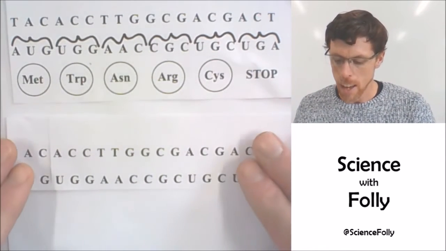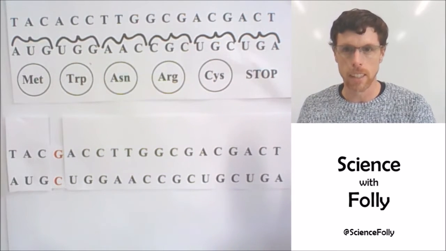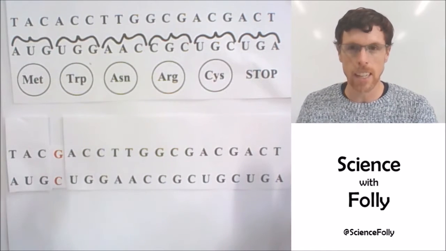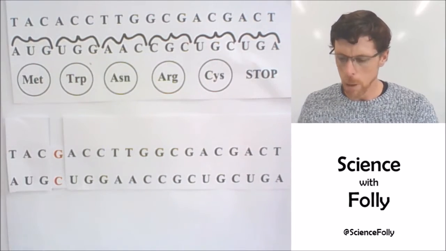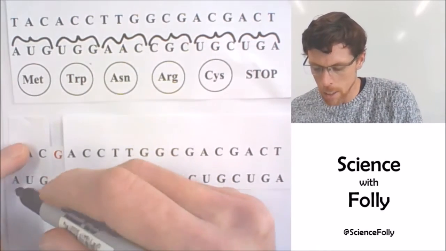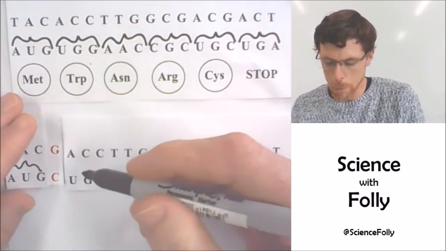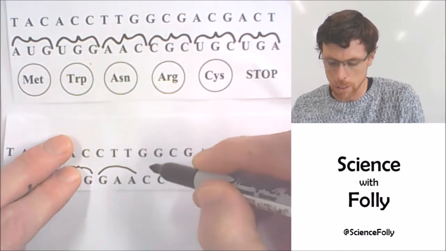And in this case, a base gets inserted during the replication of DNA. Here we have a G gets inserted between the C and the A, and obviously that gets translated to a C. And what happens is that the first codon remains the same in this case, but subsequent codons get moved across.